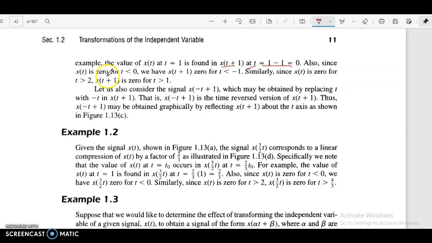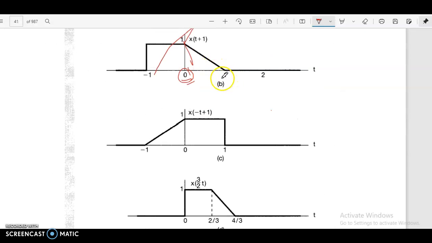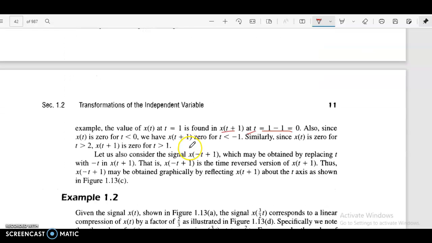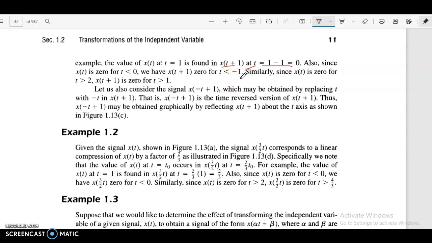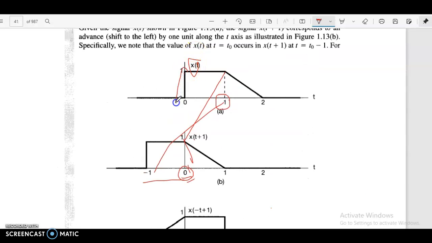Also, since x of t is 0 for t less than 0, when t is less than 0, what is happening? x of t is 0 for t less than 0. So x of t is here 0, full 0 when t is less than 0.